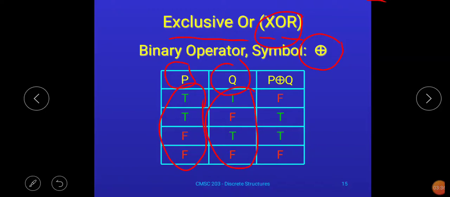Now let us observe the truth table for exclusive OR. See, in case of exclusive OR, if both are the same, that is either true or false, the result will be false. How to remember this: if both are true, then false, and if both are false, then also false.